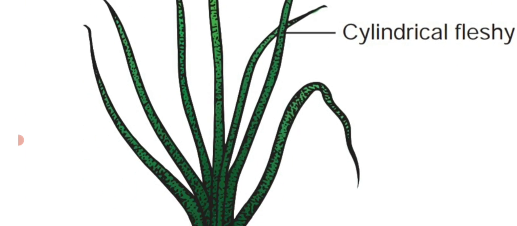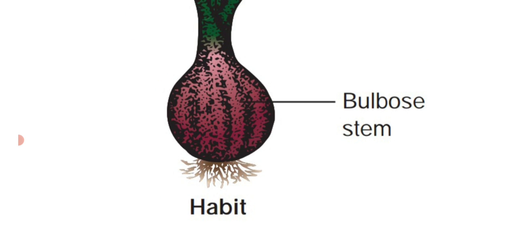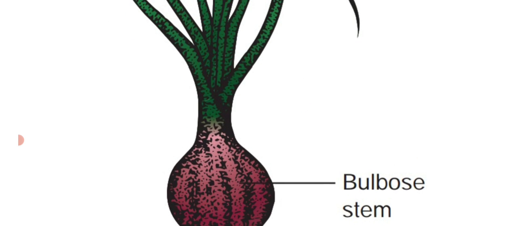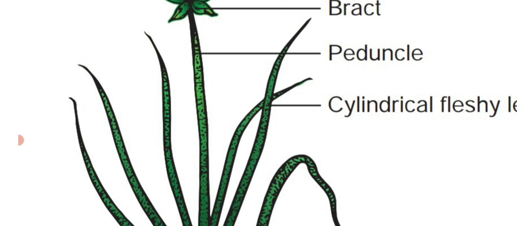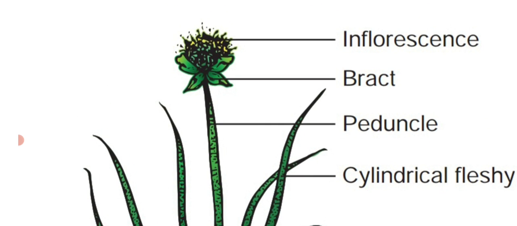See the diagram. This is the bulbous stem, which is modified as an edible part. Then they produce green, flattened, fleshy leaves or inflorescence axis. At the tip of the inflorescence axis, they have a cluster of flowers.